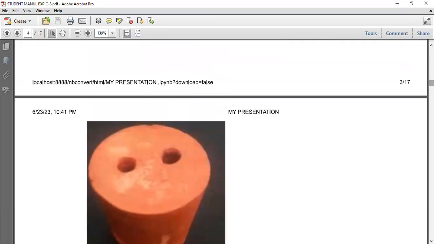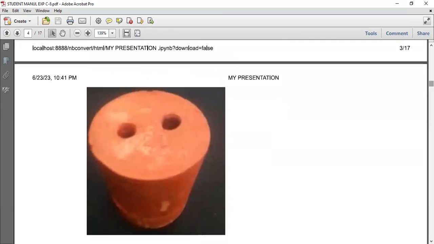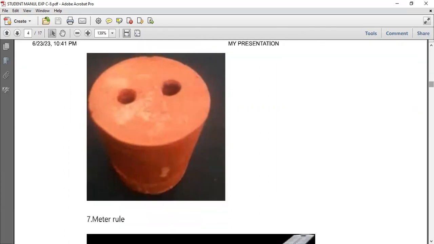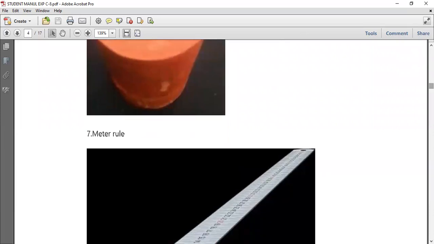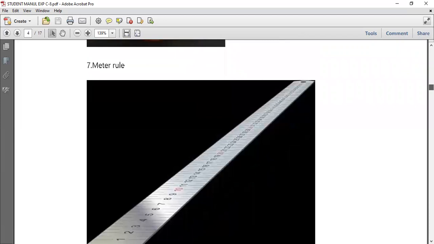Here we also have what we call a rubber stopper. This is just a top cover of the conical flask. It will help us to prevent heat loss when the heating process is carried out. We also have a meter rule.